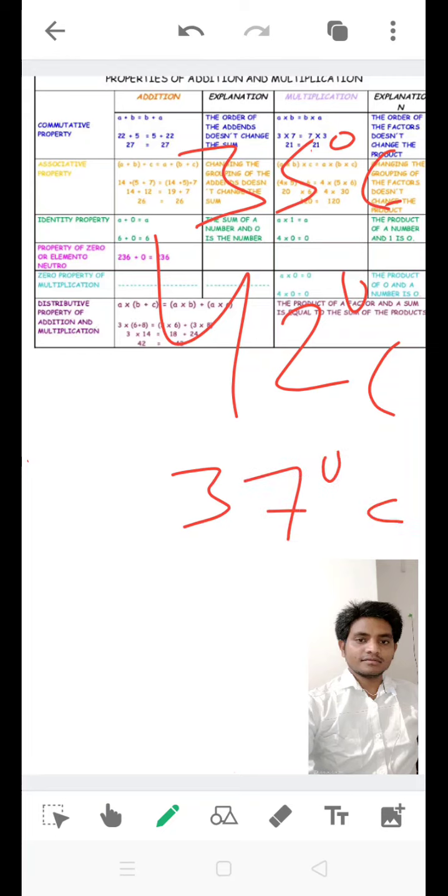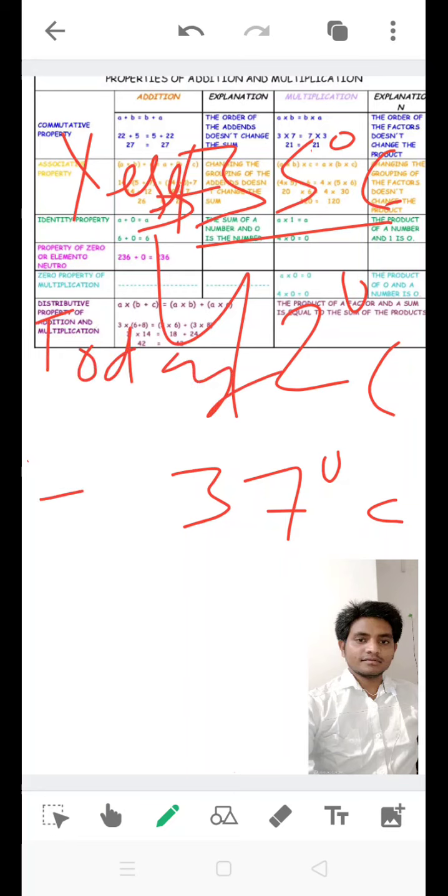Then what do you see in this? Yesterday's temperature was 35 degree centigrade, today is 42 degree centigrade, and tomorrow, suppose, 37 degree centigrade.